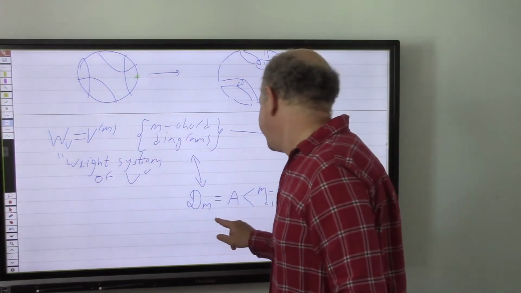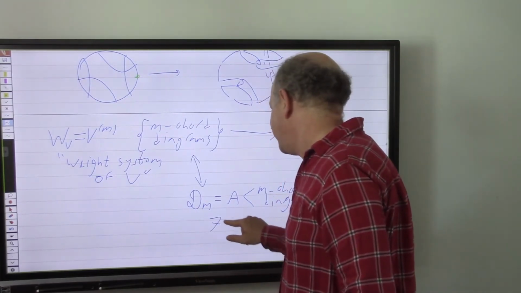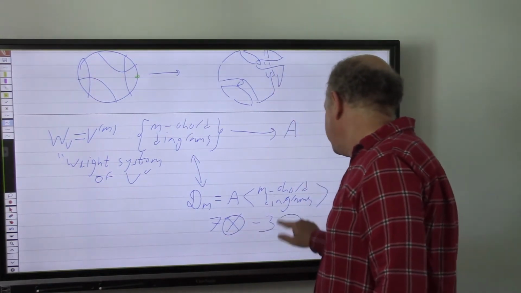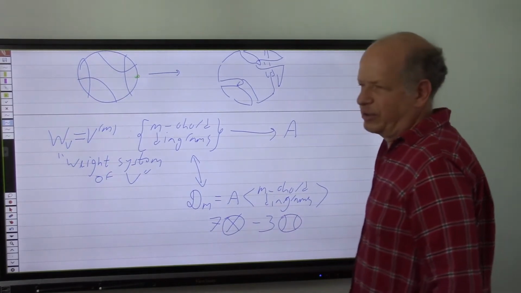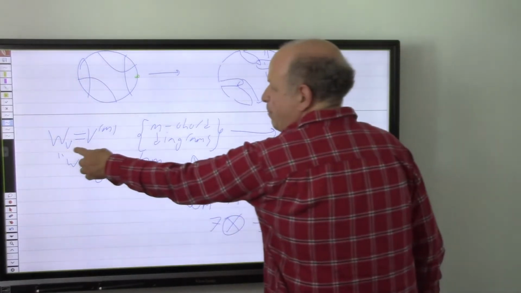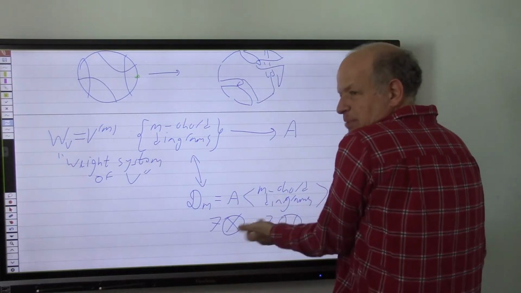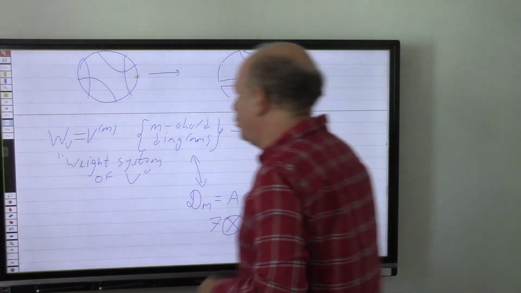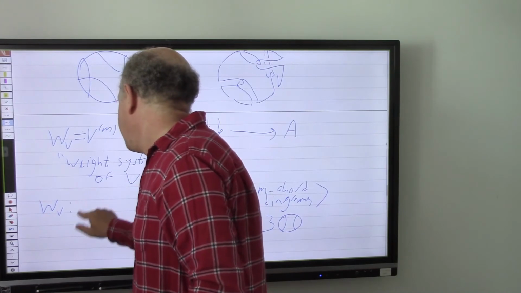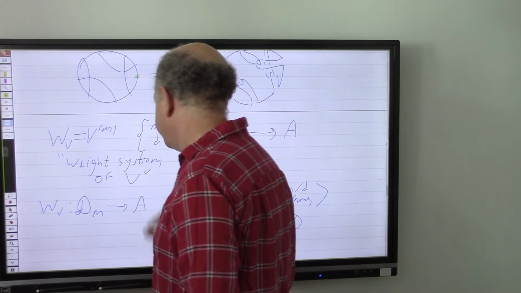In other words, I allow combinations like 7 times this chord diagram minus 3 times this chord diagram. And of course I can extend W sub V to linear combinations simply by linearity. So W sub V is now a map from D_M into A.